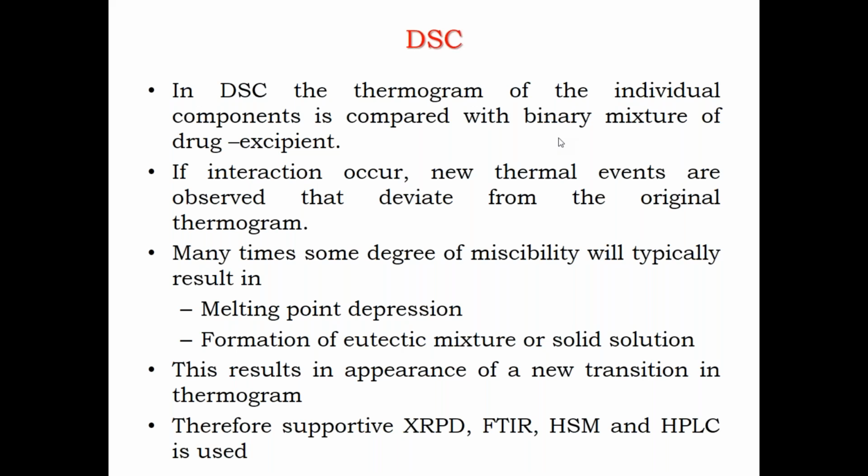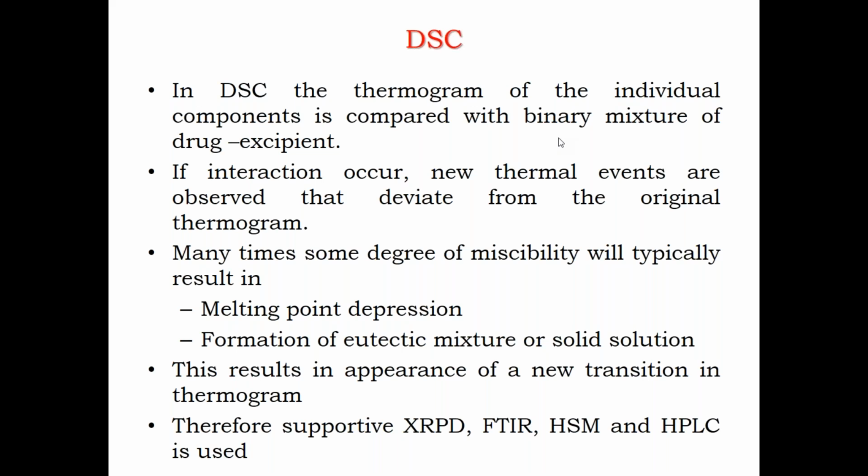We need to run the thermogram for the individual drug and individual excipients. If you really want to understand the interaction happening, first run all the individual components: the API separately, excipient 1 separately, excipient 2 separately.